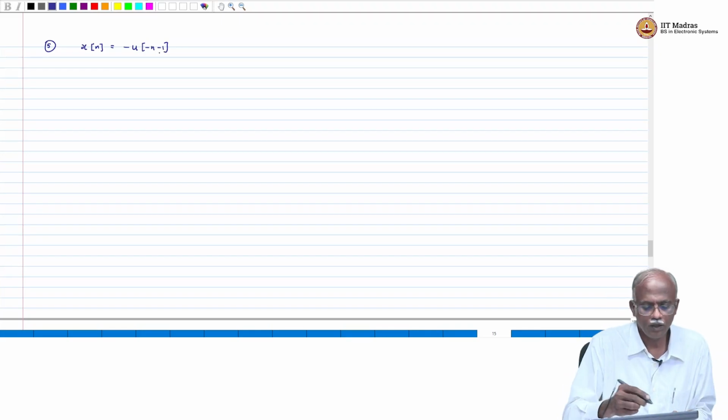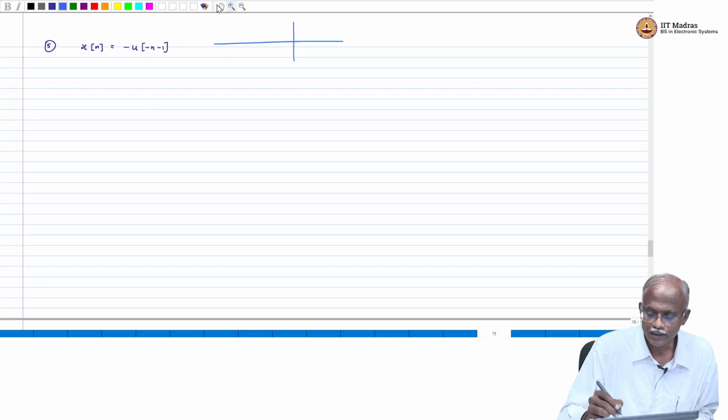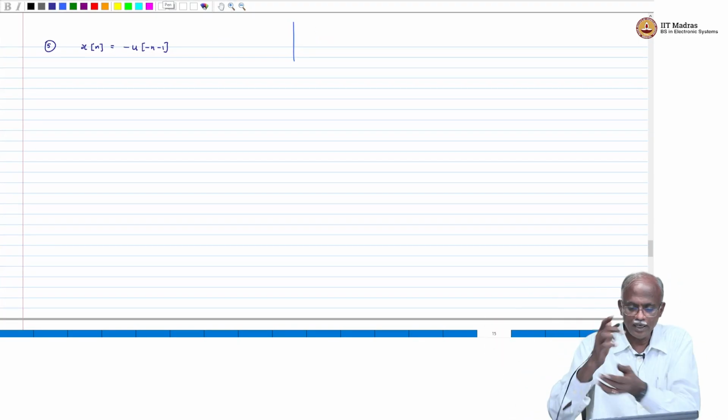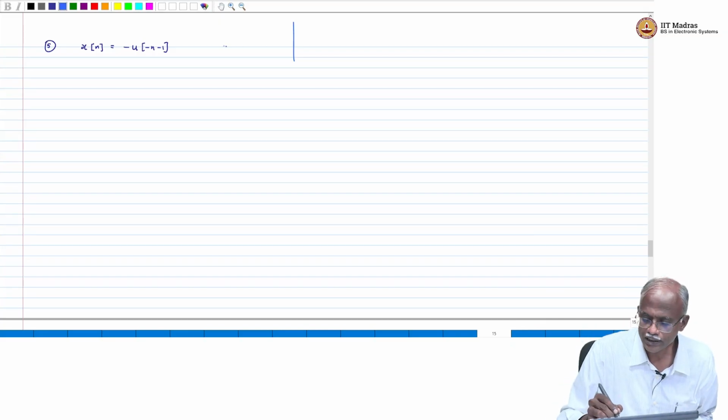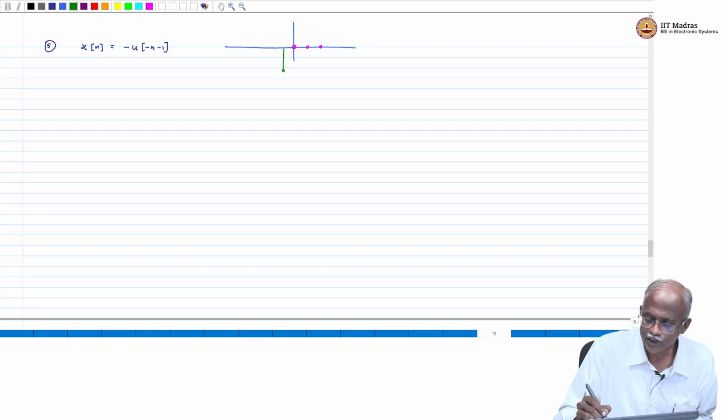Okay, first thing is always a good idea to sketch it. Okay, this is u of n shifted to the right by 1 and then time reversed. So, make sure you get the sequence correctly. And then there is a negative sign. So, we have the following, you have all zeros to the right, and from here on you have a value of minus 1.